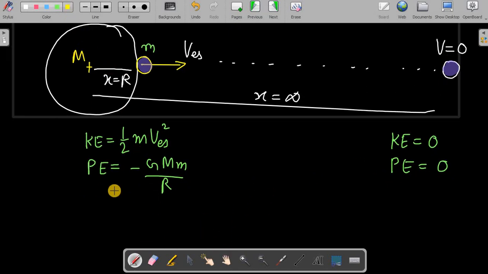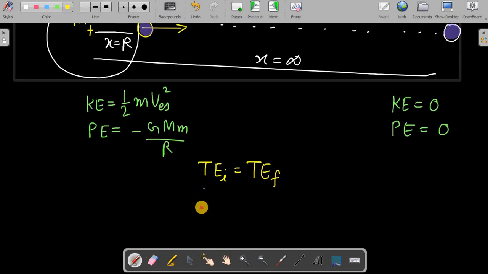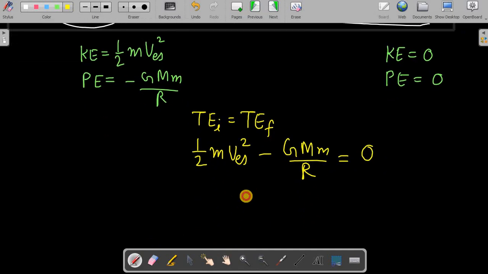So let's balance the total energy. Total energy initial is equal to total energy final. So initial energy is half m v escape square minus G M m by R, and this is going to be 0. From here you can solve the escape velocity.